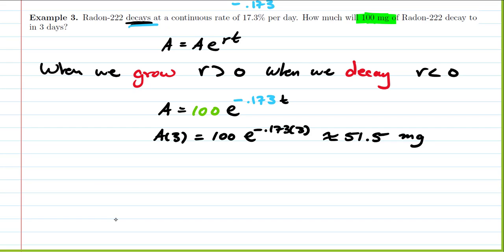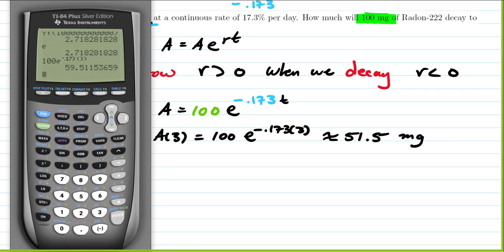So if we're decaying at a rate of 17.3% per day, we would have approximately 59.5 milligrams left. So notice this is different than linear, because if we are losing 17.3% per day and we times that by 3, that's 51.9.